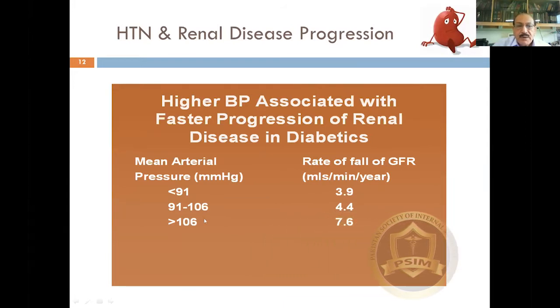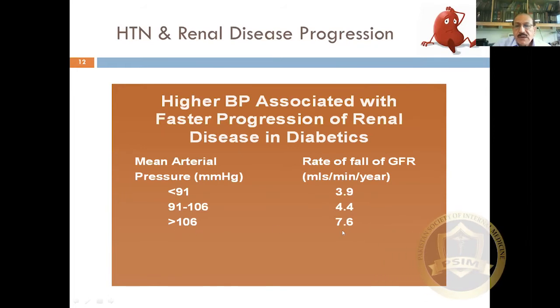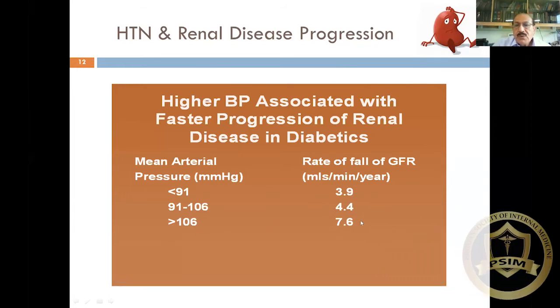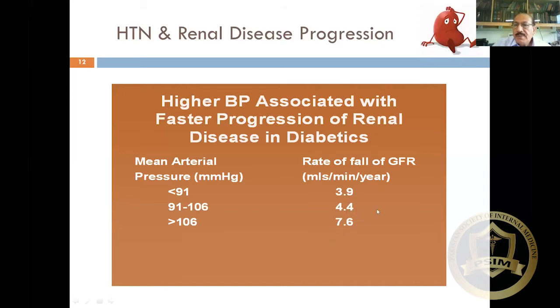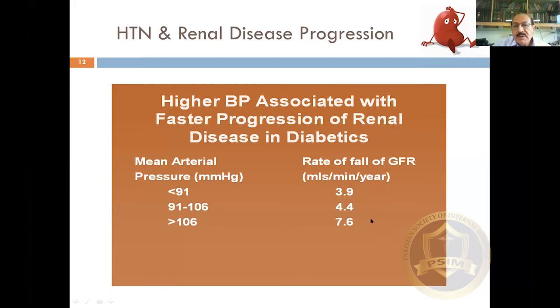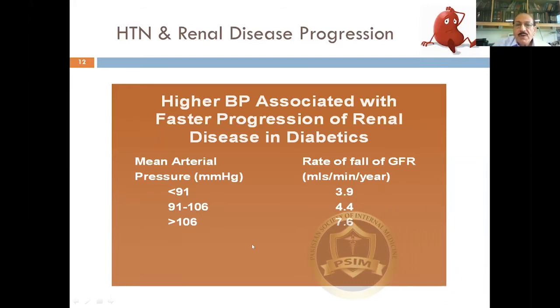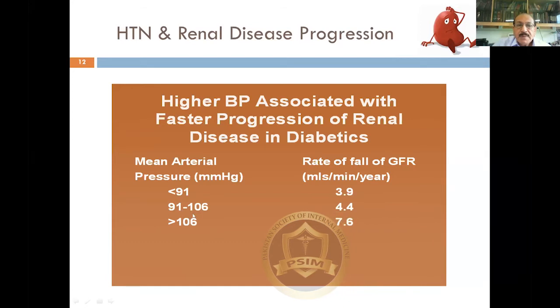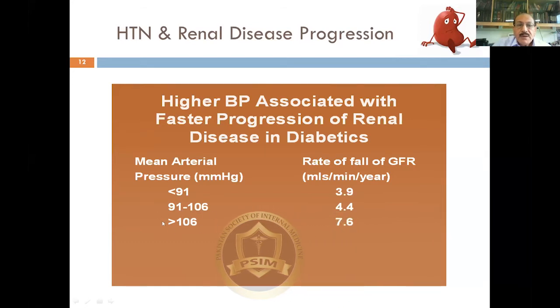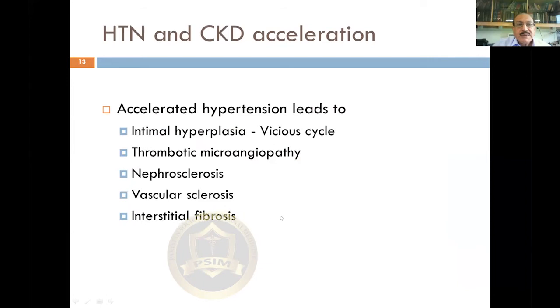And if the mean arterial pressure is more than 106, then you tend to lose about 7.6 ml GFR every year. So in about 5 years, 35 to 40% of kidney function will be gone if the mean arterial pressure is more than 106.